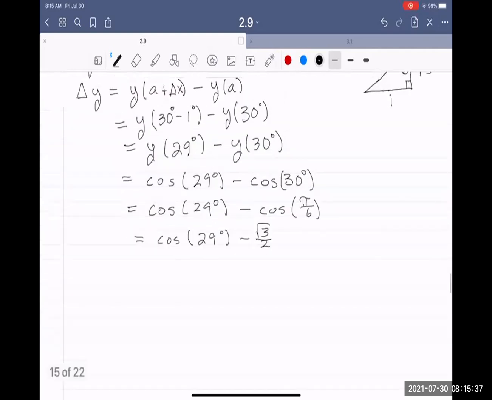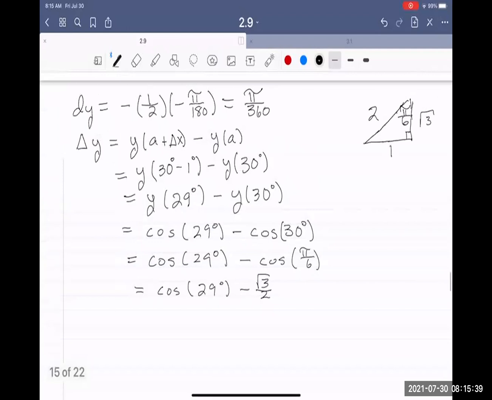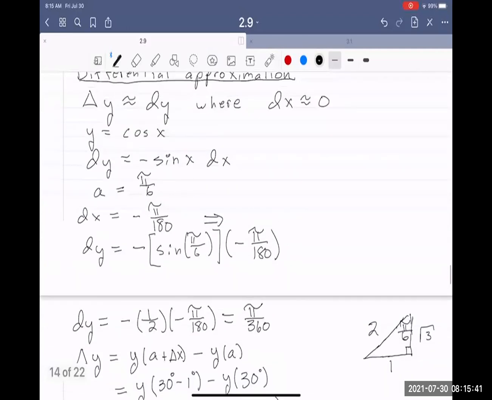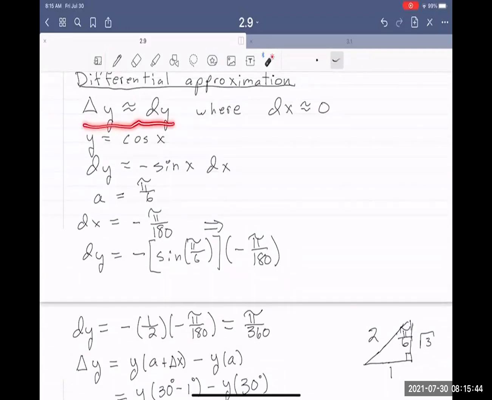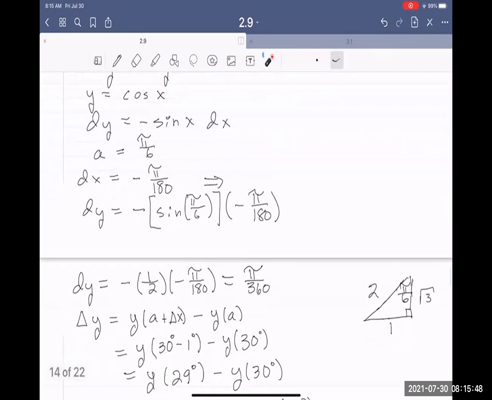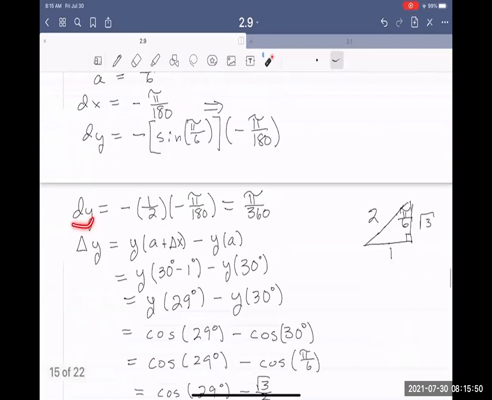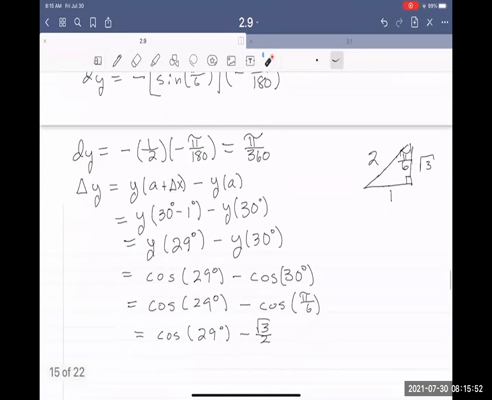Now, since dy is approximately the change in y, well, we know what dy is, and we know what delta y is.